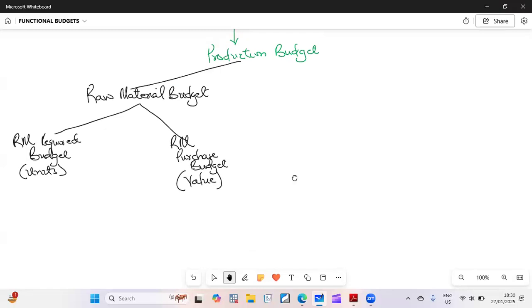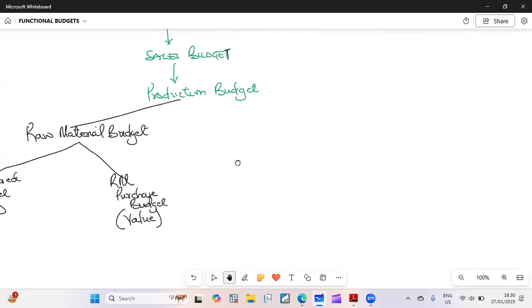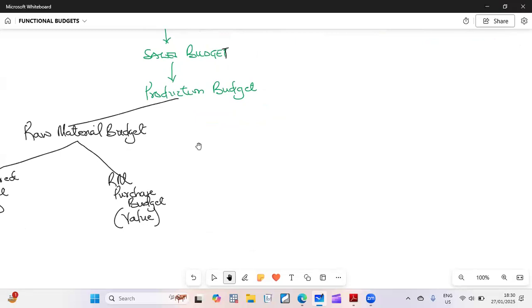Then, after we've gotten the raw materials, it is not only raw materials that we use to produce. We have learned through marginal and absorption costing that after raw material, you need labor. So we will have to prepare the labor budget.